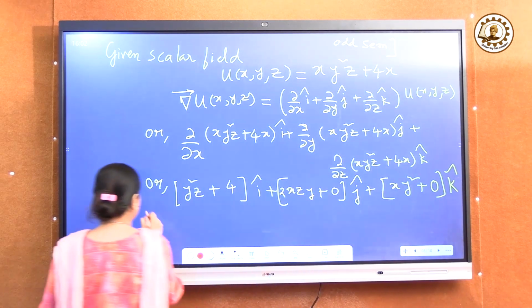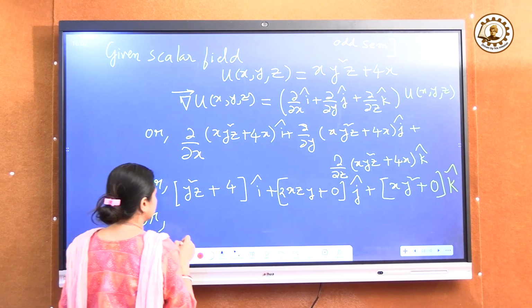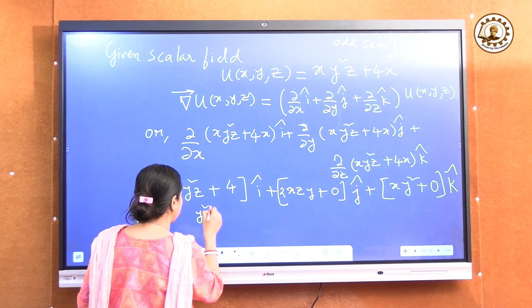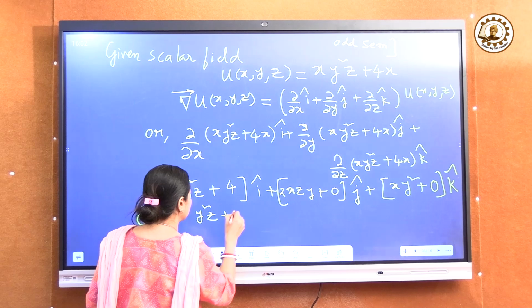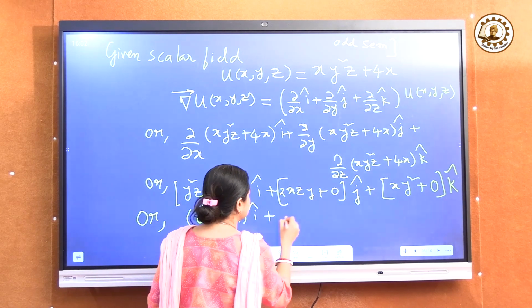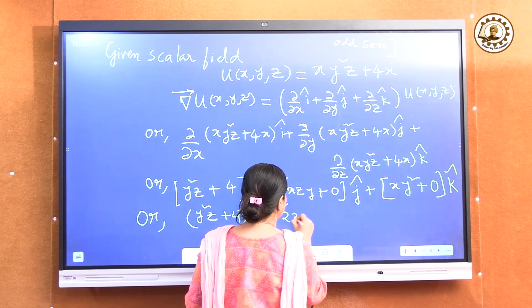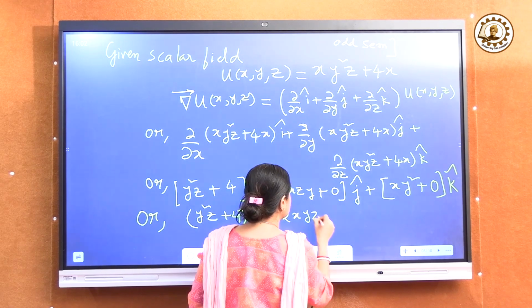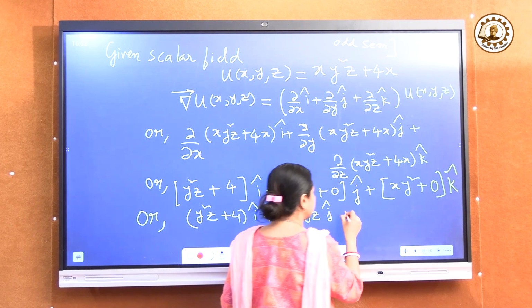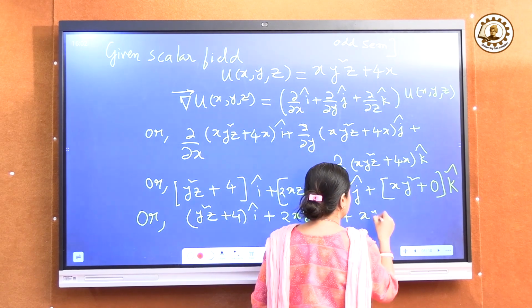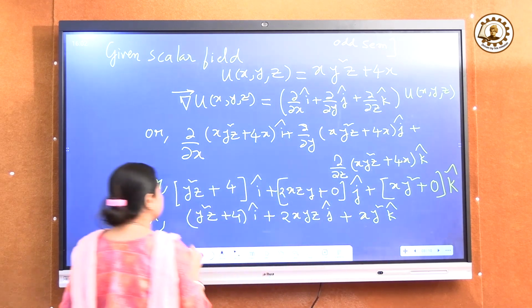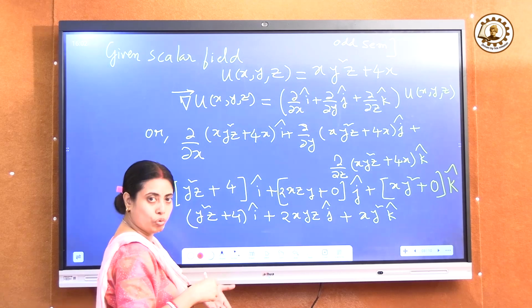If I am simplifying this, it will become (y square z plus 4) i cap plus 2x y z j cap plus x y square k cap. So this is my gradient of U.